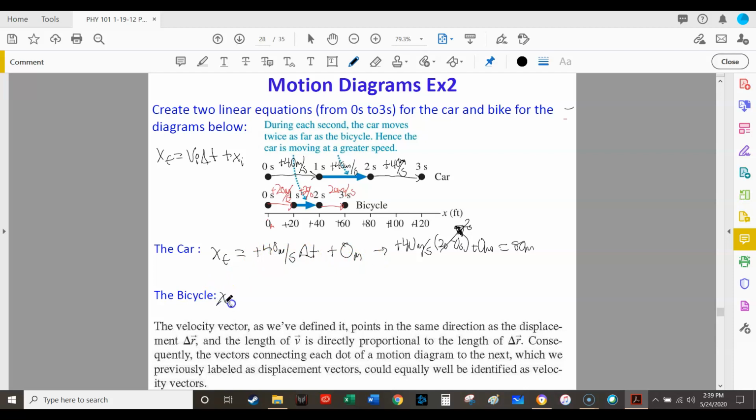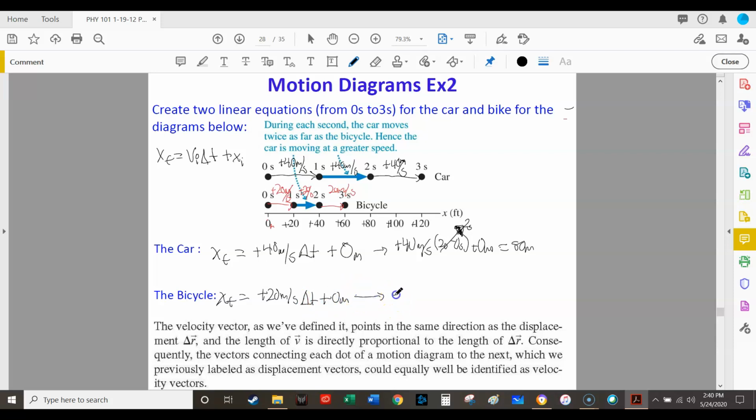All right, let's try a prediction equation for the bike. The bike was also moving to the right, but at half the speed of the car. So its displacement was 20 meters, and its velocity was positive 20 meters over every second, times delta t, and it also started out at a position of 0 meters.